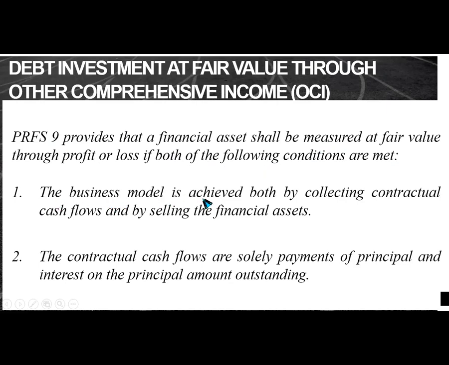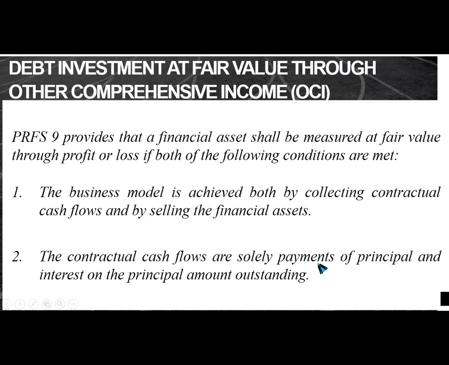First, the business model is achieved by both collecting contractual cash flows and by selling the financial assets. So take note, class, earlier in amortized cost, the business model is only to collect contractual cash flows. Here in OCI, the business model is twofold: first, to collect contractual cash flows, and second, the entity may also sell its financial assets.